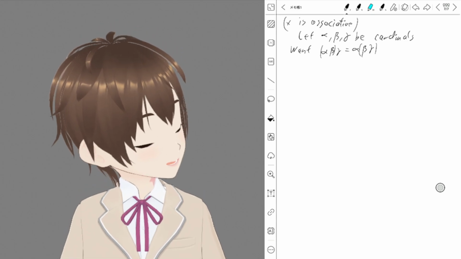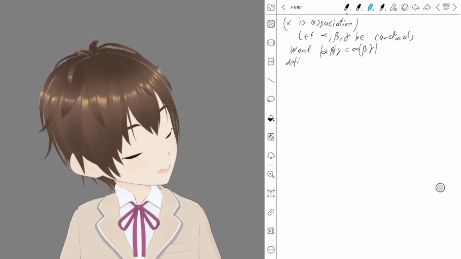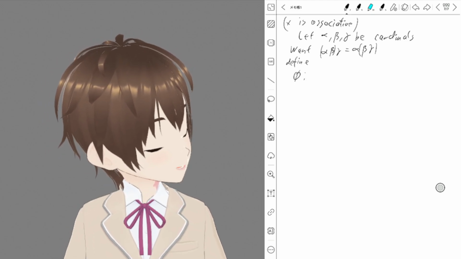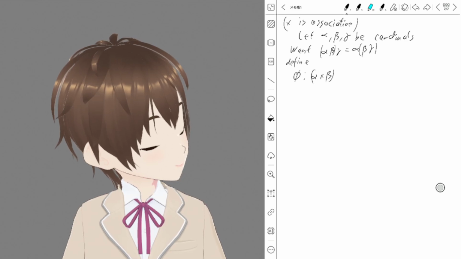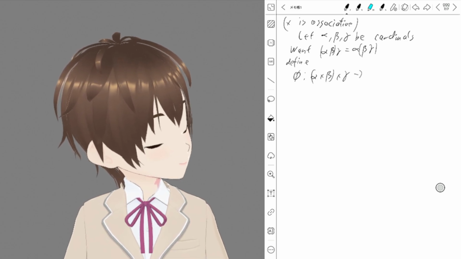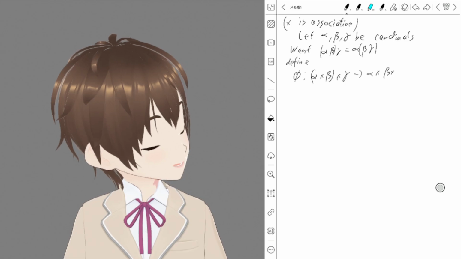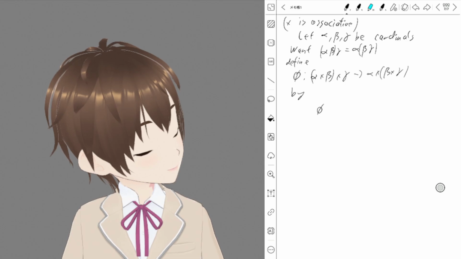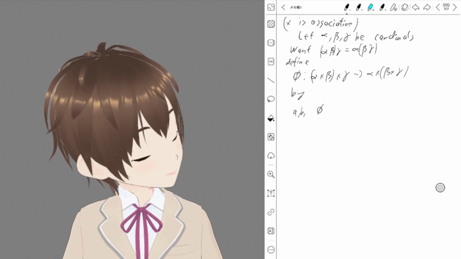So how do I do this? We'll define a bijection. Define phi from (alpha times beta) times gamma to alpha times (beta times gamma) by phi of ((a, b), c).